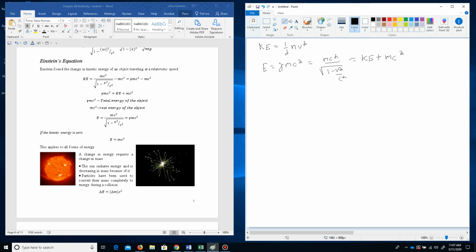Okay, so if the kinetic energy is 0, we have E equals mc squared, which we now know is Einstein's famous equation.